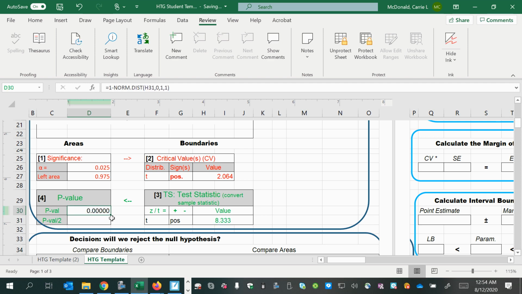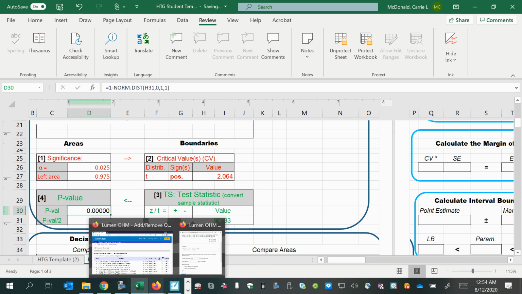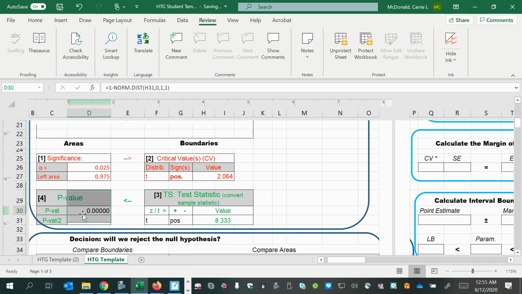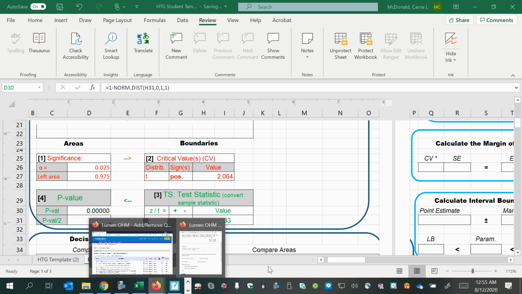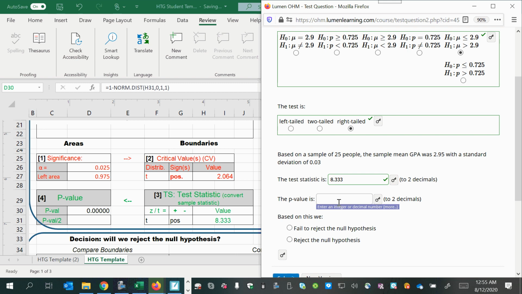Notice that it rounds to 0. It's what we call 0 plus in statistics because it's technically not 0. If you go out enough decimal places, it'll show you that it's not 0, but it's close enough, so we're going to just put 0 in here.